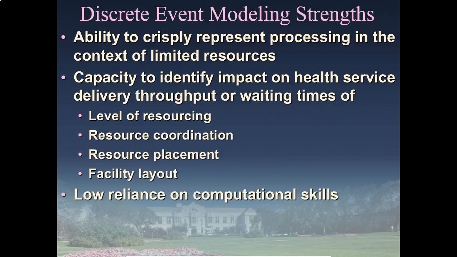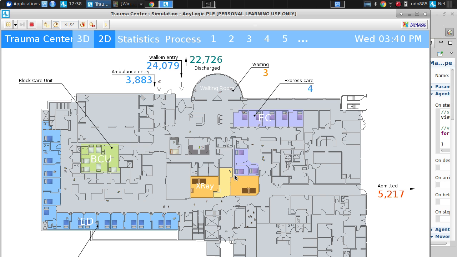Where is it? What's the layout of the facility? You can understand if you change the facility layout, how does it ripple through into length of stay, or into waiting time for patients, etc. So, quite a detailed depiction of the dynamics.